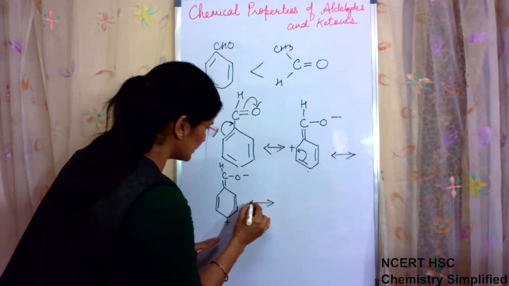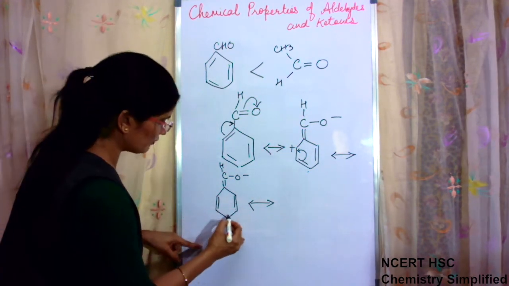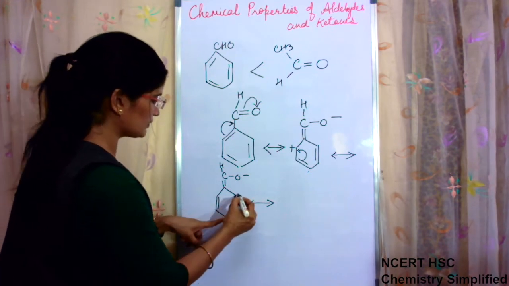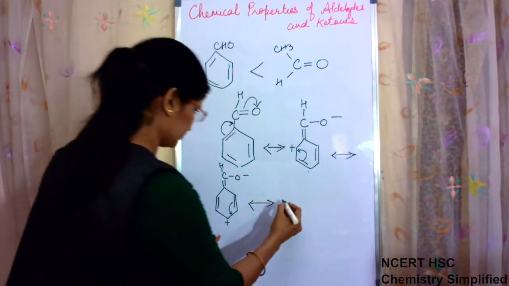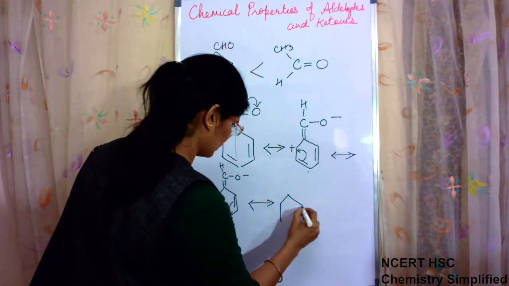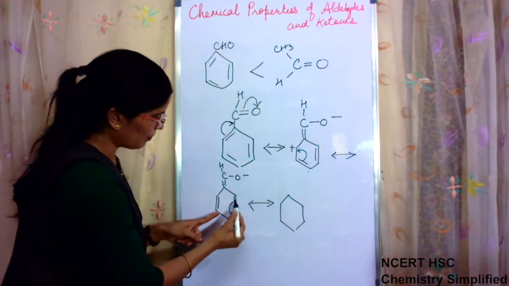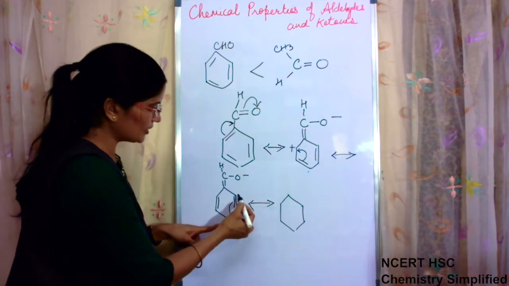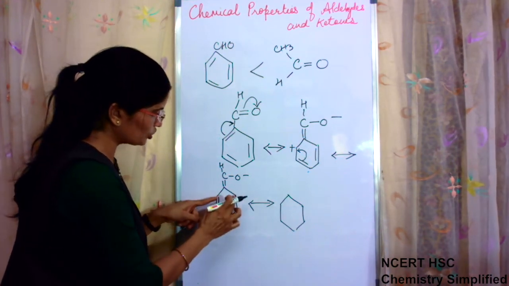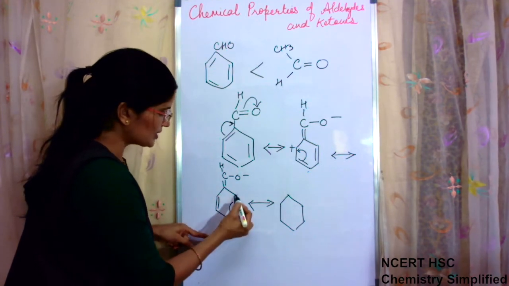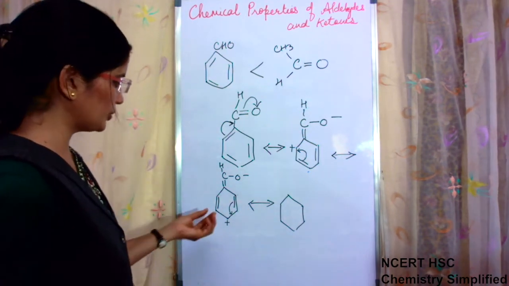Now the next resonating structure will be what? This bond will shift here to neutralize its positive charge, and the positive charge will shift here. See, when this bond shifts, why is the positive charge not coming here and it is going here? The reason is when this bond shifts from here to here, this carbon is getting a bond, but this carbon is not getting a bond, or you can say electron.